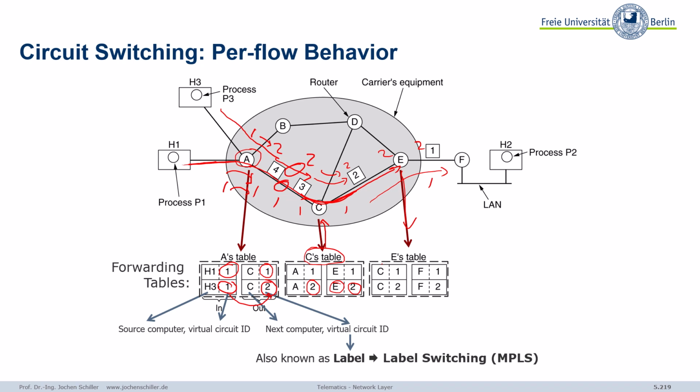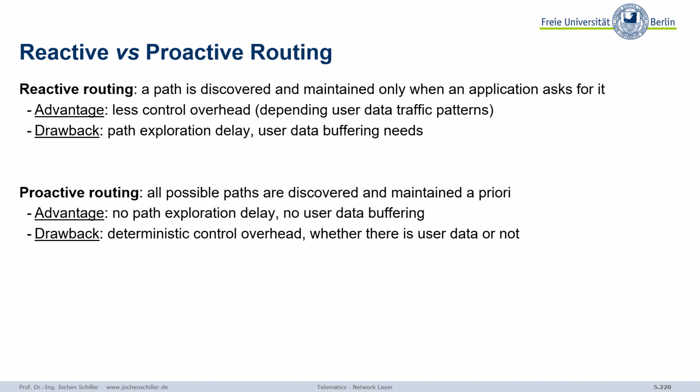What else can we distinguish? Well, reactive routing and proactive routing. What does it mean? Reactive routing means we try to find a path as soon as someone asks for it. So if we have a packet that has to be forwarded, then we find a path. That's cool.